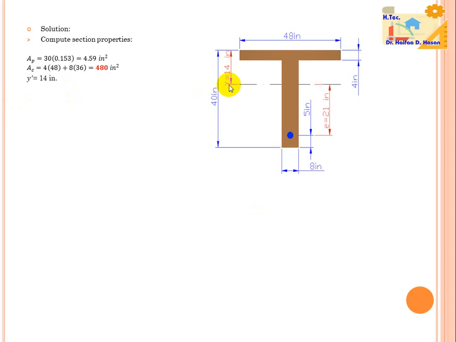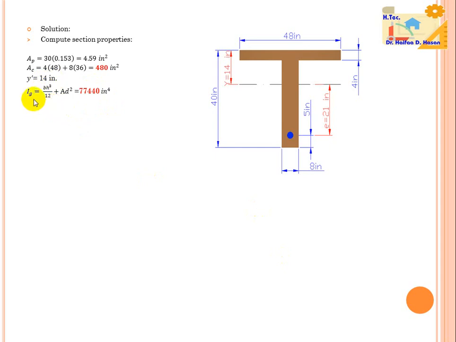We calculate also y prime from the summation of each area times the distance from its centroid to the top edge of the section, divided by the summation of the two areas, and calculate y prime equal to 14 inch.